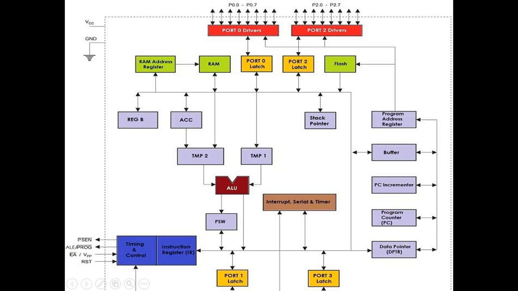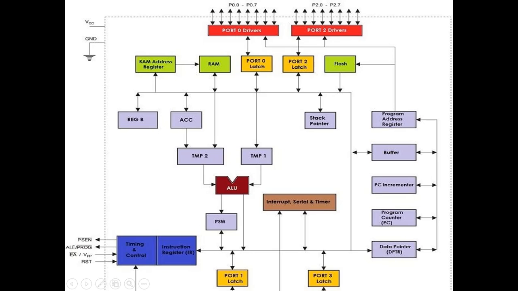And along with this, as we discussed, it also has internal memory, organized as 128 bytes of RAM, then the RAM address register, which will generate address locations of RAM for various data accessing purposes. We also have the internal ROM or flash memory, which is used for permanent storage of data or program. And we have an accumulator register, the A register, and another register, B, a general purpose register.